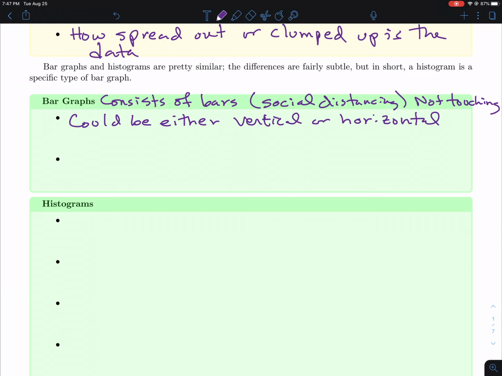They're often used for categorical or qualitative data, the non-numeric data, just because those things are already separated from each other anyway.